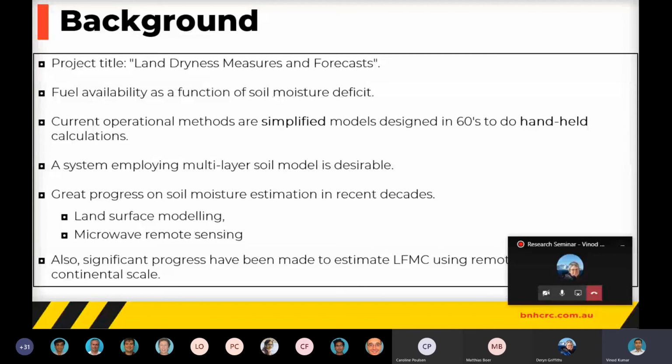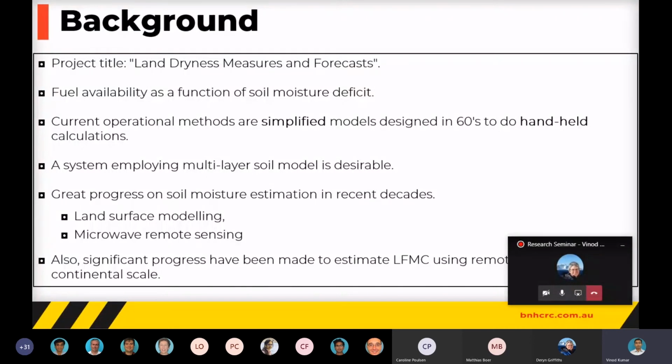There was research done which recommended that employing a multi-layer soil model is desirable to estimate the soil moisture dryness, because the relationship between fire and soil horizon actually changes with season.